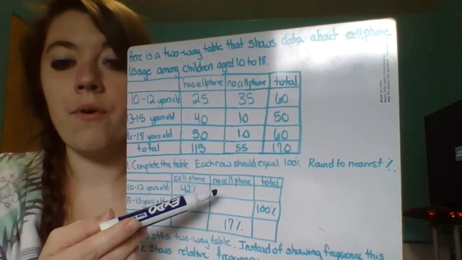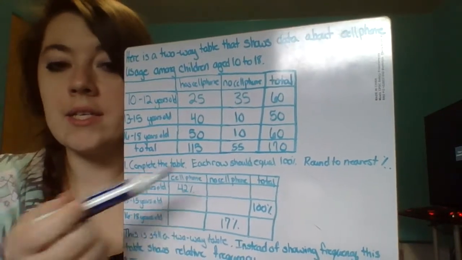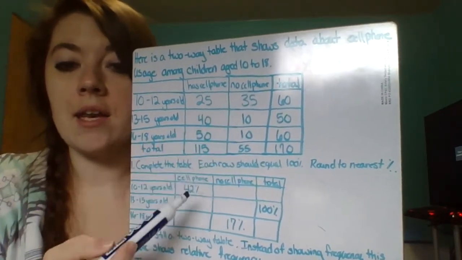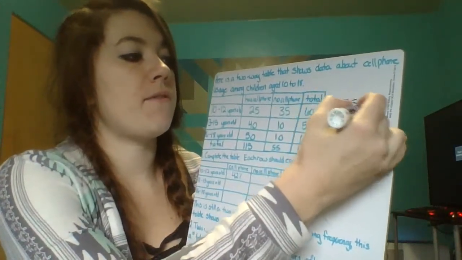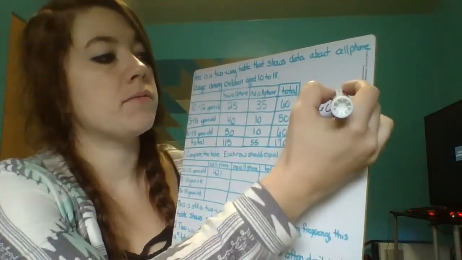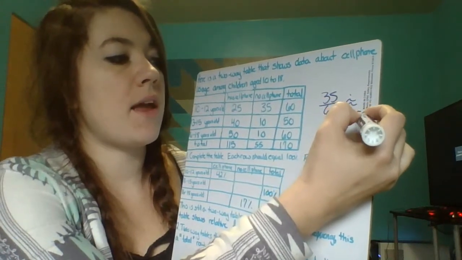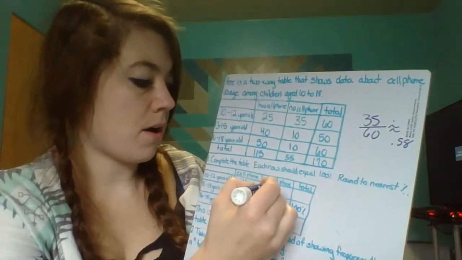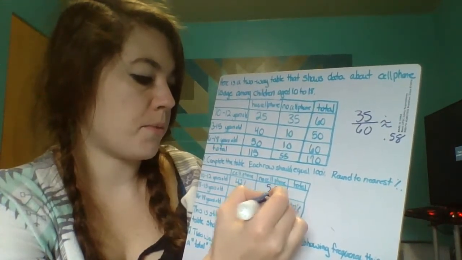So for the no cell phone, we're going to take 35 and divide it by 60, which equals approximately 0.58. So our percentage down here would be 58%.